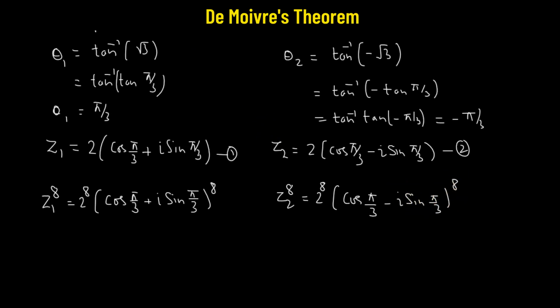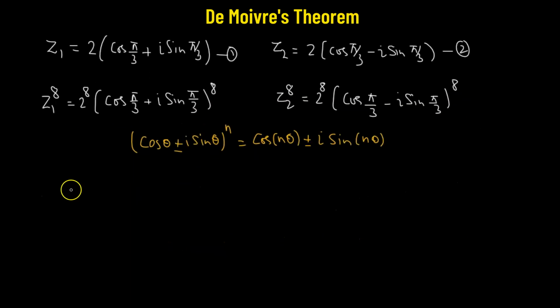Now we'll be using De Moivre's theorem, which simply states that whenever we have (cosine theta plus iota times sine theta) raised to the power of n, this will be equal to cosine of n theta plus iota times sine of n theta. Now this works for negative values as well. So therefore, z1 raised to the power of 8 will now become 2 raised to the power of 8 multiplied by cosine, so we are going to multiply 8 to the argument of both cosine and sine here.